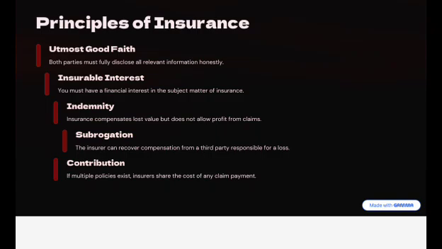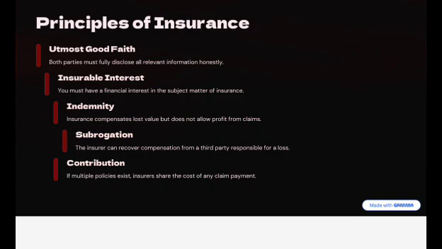The next basic principle of insurance in banking that we are looking at is insurable interest. What do we mean by insurable interest? This principle states that the person taking out insurance must have a financial relationship with the subject of insurance. That is, the insured must stand to suffer a financial loss if the insured event actually occurs.